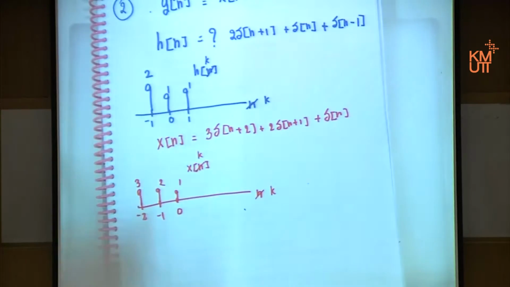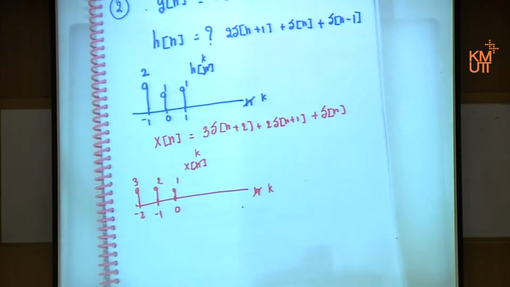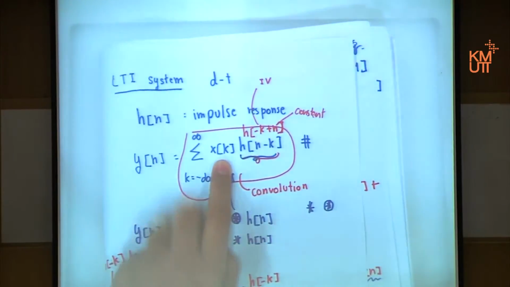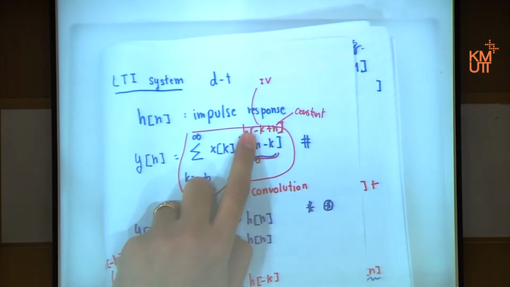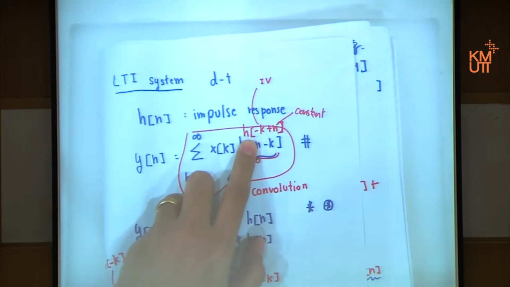So now you have h[k] and x[k]. If I go back to the equation of convolution, the next step is to flip h[k] to h[-k], right?